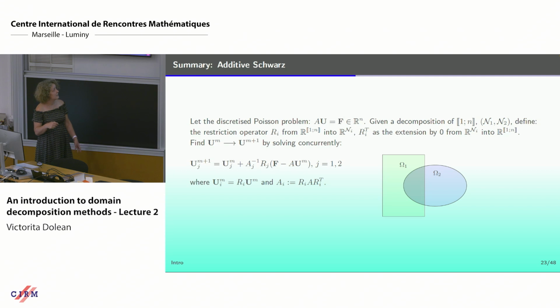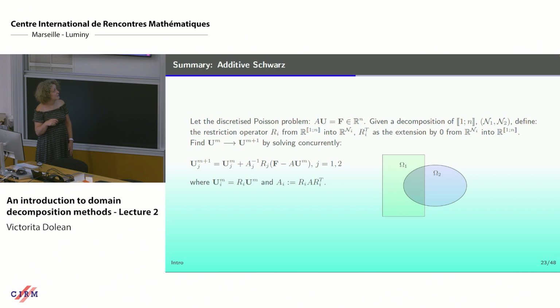How is it written at the algebraic level? Here I just compute the global residual. This is just the algebraic rewriting that I explained yesterday. You have the global residual, you restrict it locally to a domain, you solve the local problem, and then you update the local solution, right?